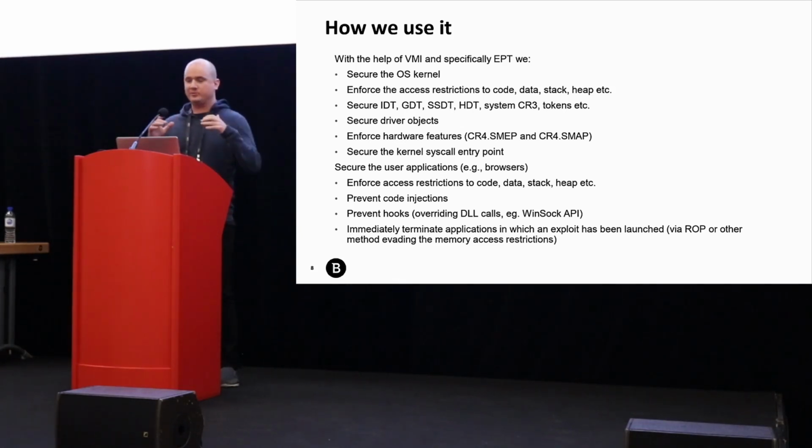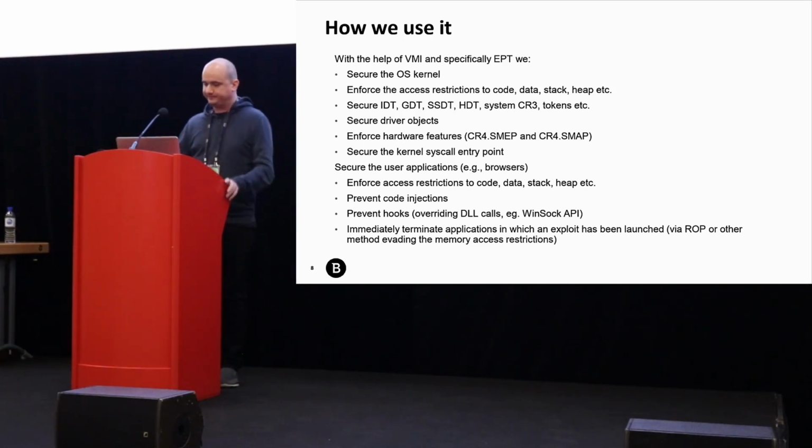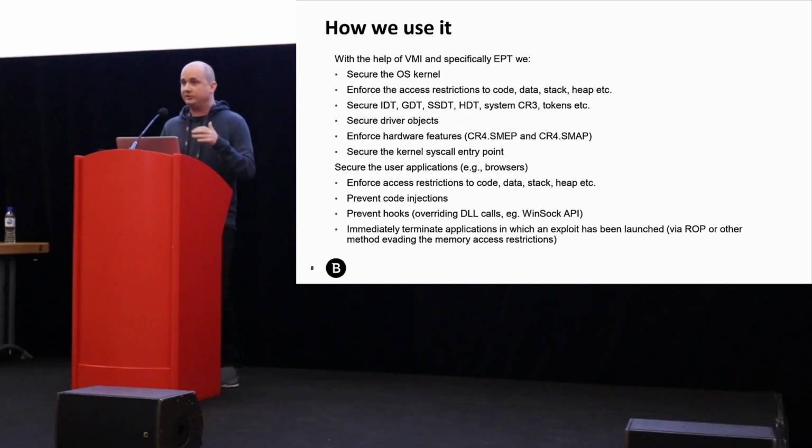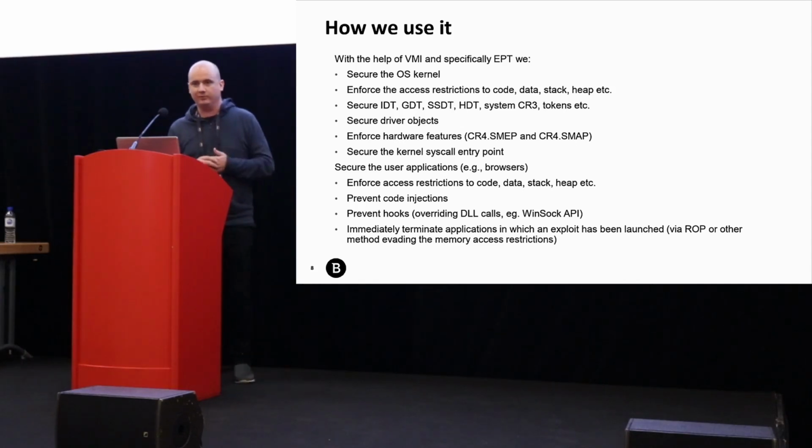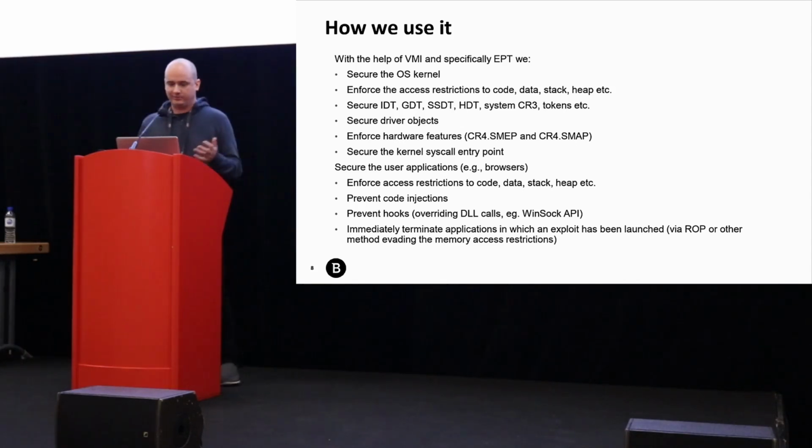Making sure system services are not overridden. They are not hooked in any way. And it can also terminate applications. So for example, if an application is determined to have an abnormal behavior or outright malicious, it can also be terminated.